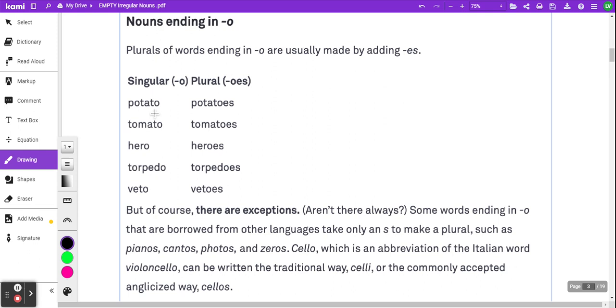So, palabras que terminan en O or end in O, para hacerlo plural, to make it plural, we add ES or OES. So, potato, potatoes. Tomato, tomatoes. Hero, heroes. Torpedo, torpedoes. Veto, vetoes. Piano, pianos. Canto, cantos. Photo, photos. Zero, zeros.